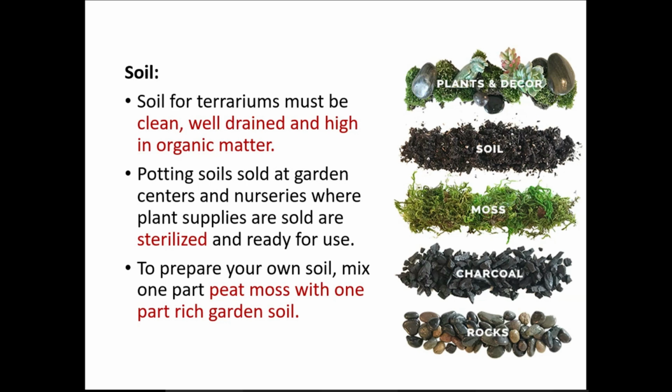So mix one part of peat moss with one part of rich garden soil. That is also very suitable soil. You should not completely use garden soil. First of all, it will become very heavy, and plant roots won't reach, because it's garden soil.